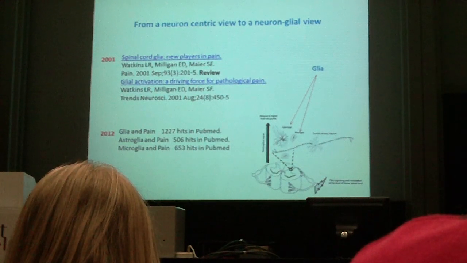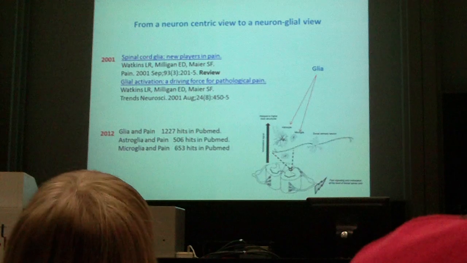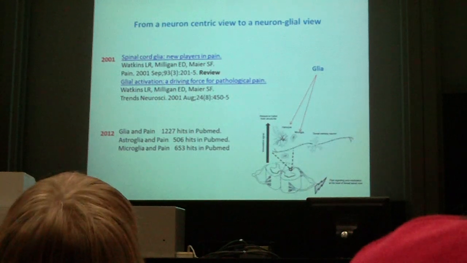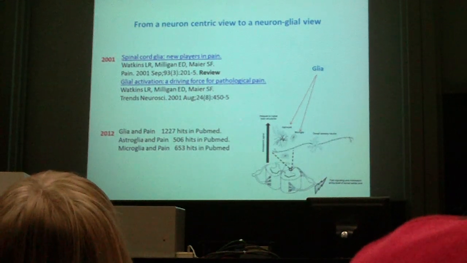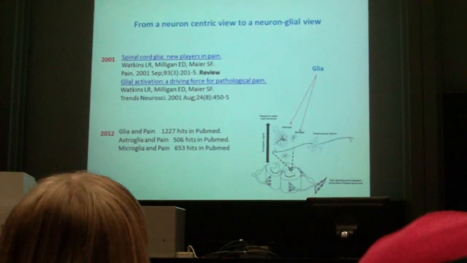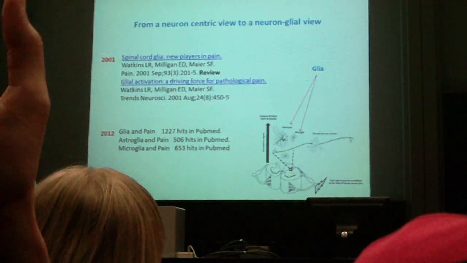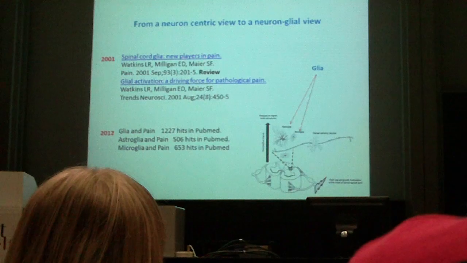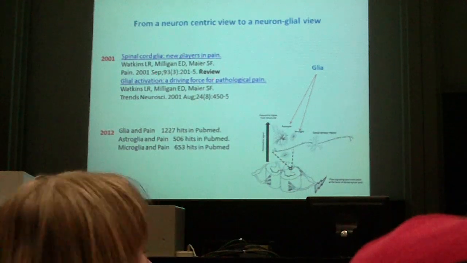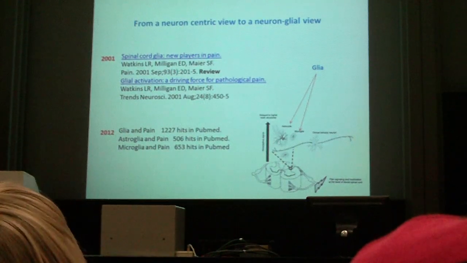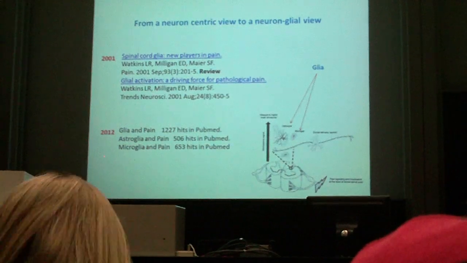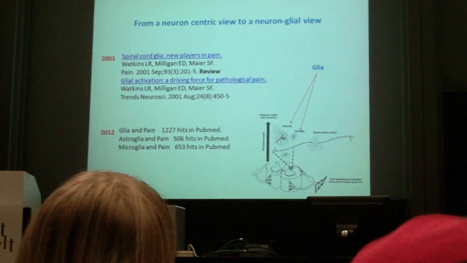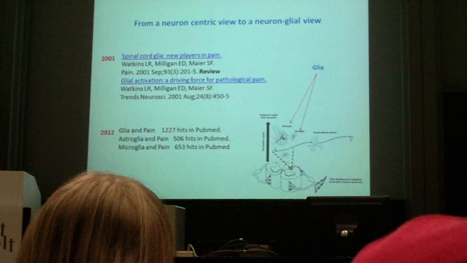It started about 2000, 2001 with a couple of very interesting reviews from a group in Boulder, the United States, who reported: spinal cord glia, are they new players in pain or driving forces for pathological pain? And if you now look in PubMed, you see a huge amount of publications related to the role of glia.